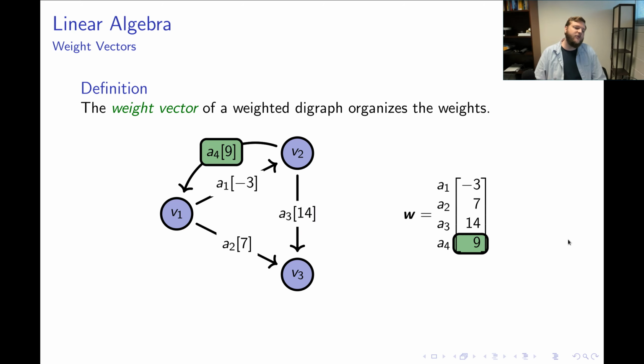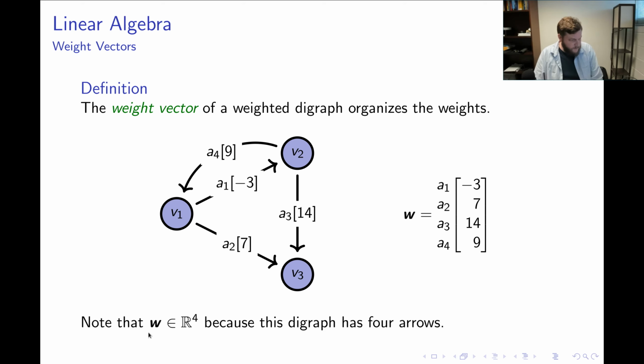And the fourth coordinate of the weight vector is telling me the weight for the fourth arrow, which equals 9. So we're storing the data of the weights of the 4 arrows of this particular directed graph inside of a weight vector in R^4. So again, because there are 4 arrows, the weight vector belongs to R^4.